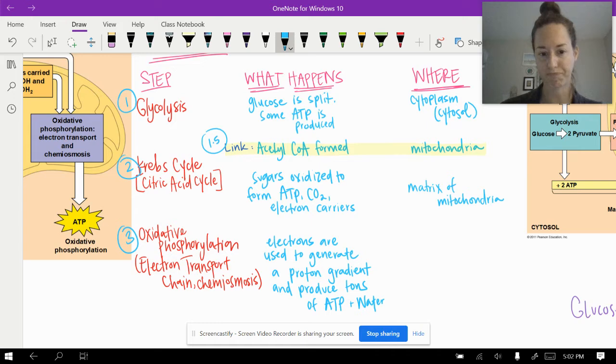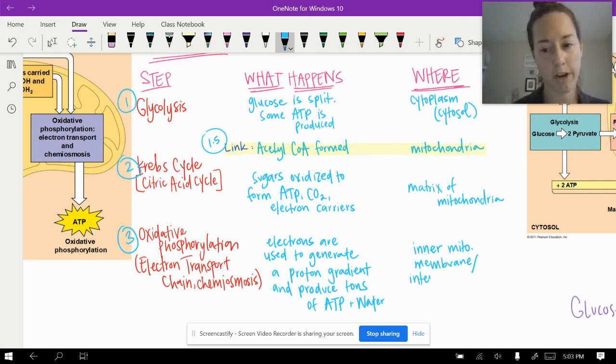So I'll put that on there too. This happens in the inner mitochondrial membrane. I'm just going to write mitomembrane slash intermembrane space.